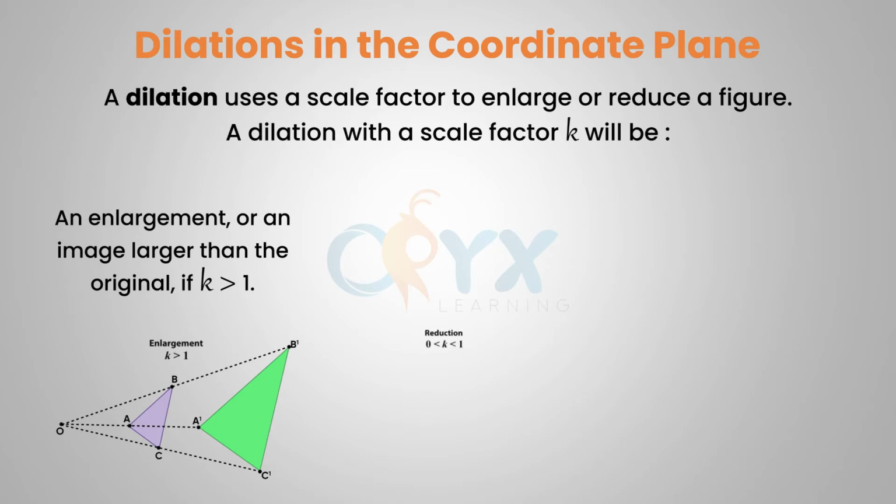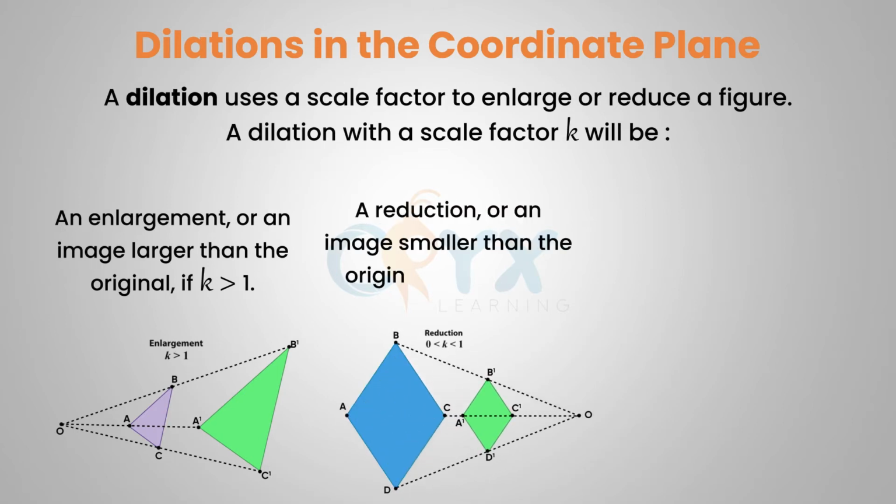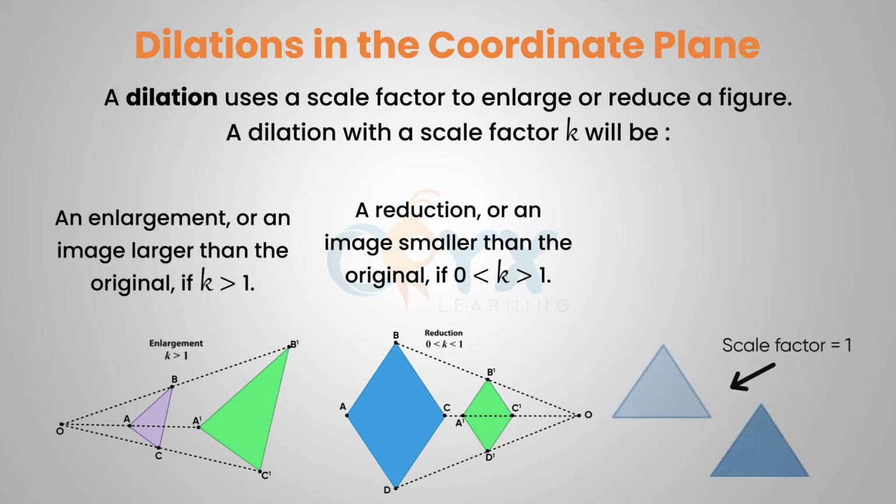It would be a reduction, or an image smaller than the original, if k is between 0 and 1, so k is greater than 0 and less than 1. And it will be the same as the original figure if k equals 1.